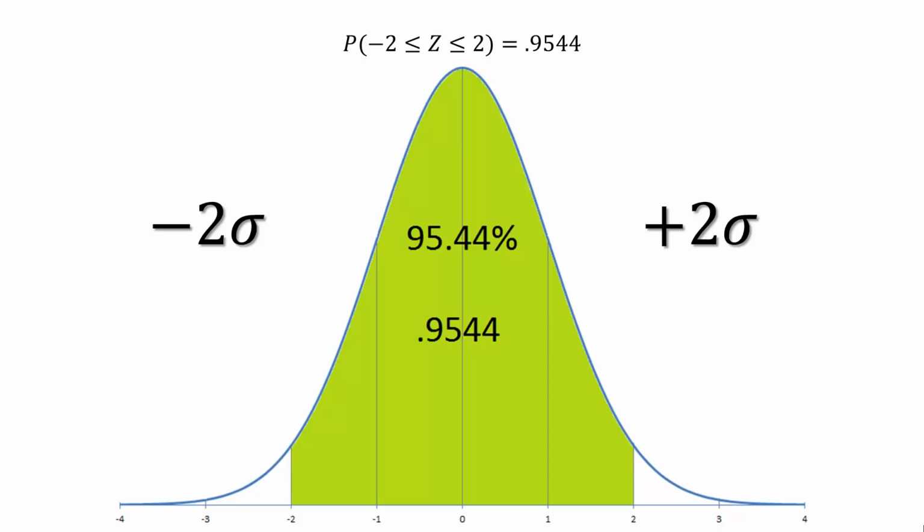And this is a very important one that's often used because we often use a 95% confidence in problems. So instead of 2 and -2, we often use -1.96 and +1.96, which gives us exactly 95%. But between plus or minus 2 deviations is 0.9544.